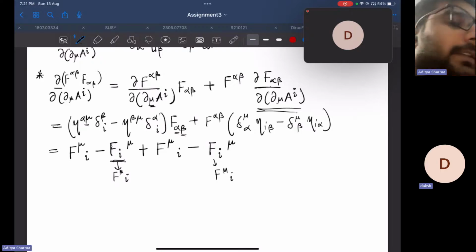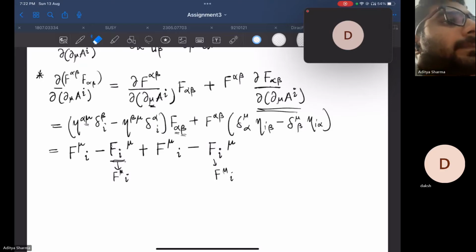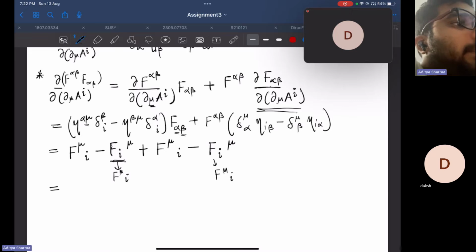To do that, in this second term, you'll do a change. I'll write this term again, and here I'll continue.